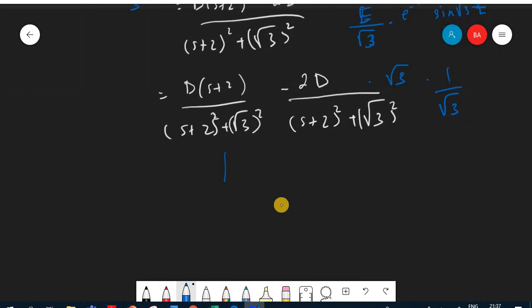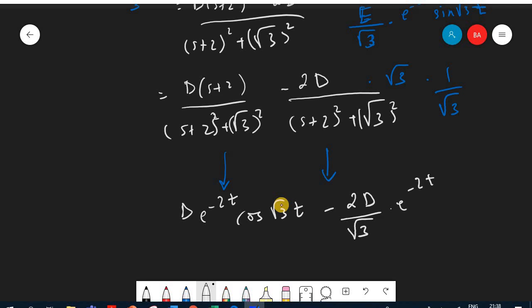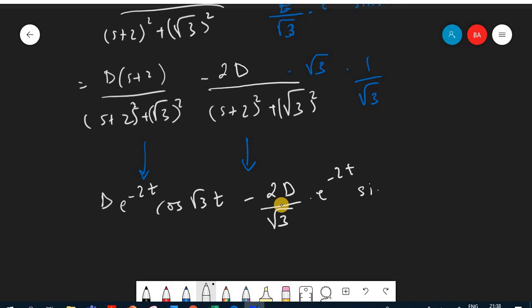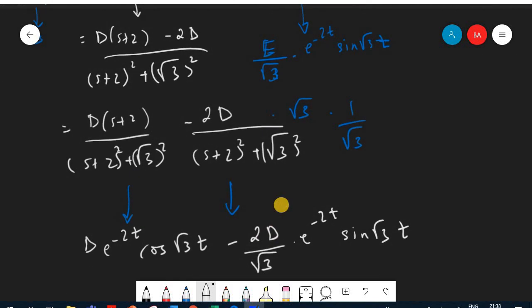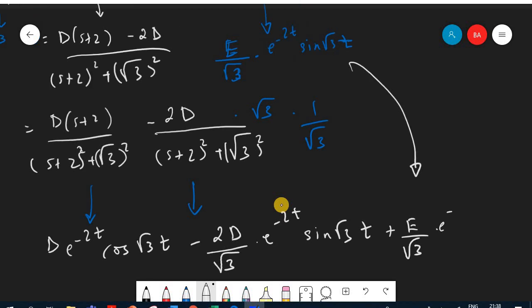So just looking at the answers here, the answer for these two terms, not to forget the first term here, the answer will be d into e to the power minus 2t into cosine square root of 3t, minus 2d divided by square root of 3 into e to the power minus 2t into sine square root of 3t, and not to forget the term that we had here, which says plus e over square root of 3 into e to the power minus 2t into sine square root of 3t.